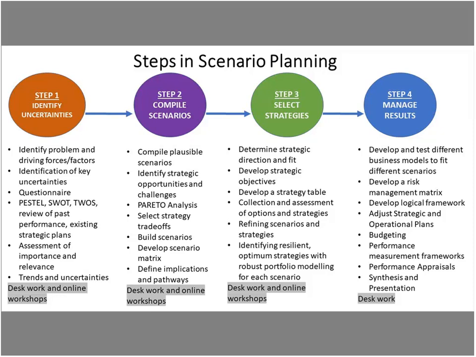So step 1 is about identifying uncertainties. Now, if you recall, in your traditional strategic planning process, there's a point where we look at assessing the environment. And it is in assessing the environment, we really want to look at what is the scale and the scope of the problem, and what are some of our decision variables that we have to consider.